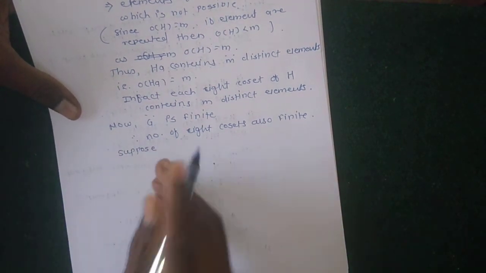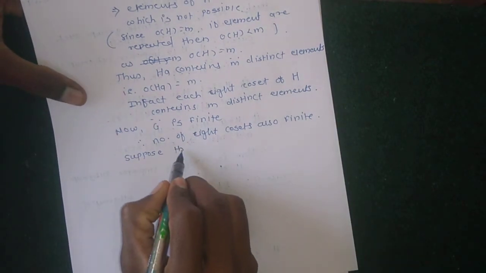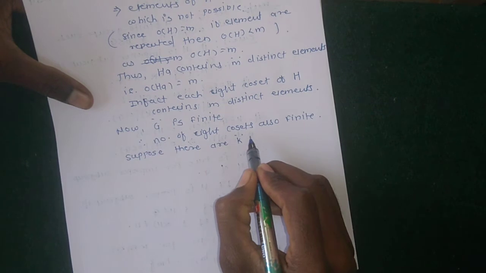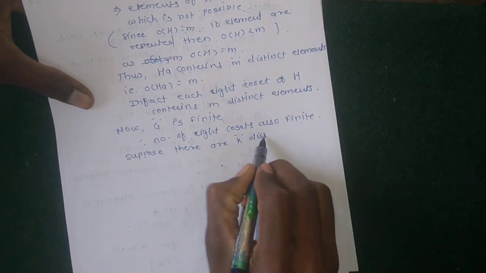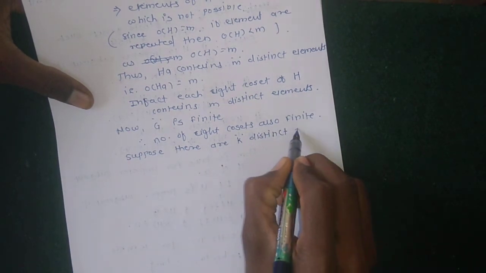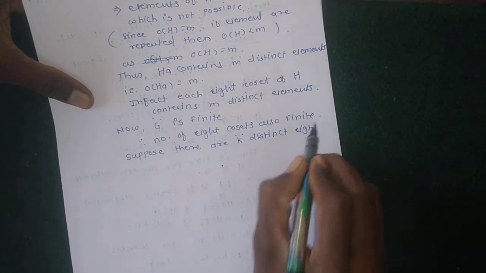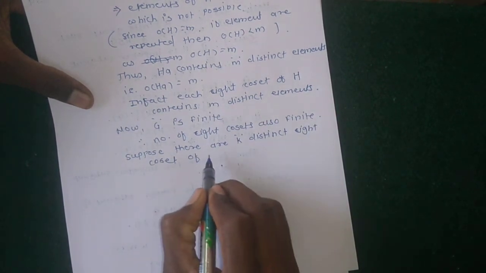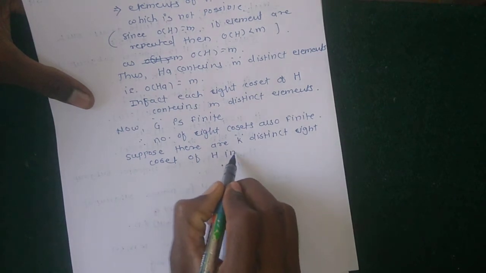Suppose there are k distinct right cosets of H in G.